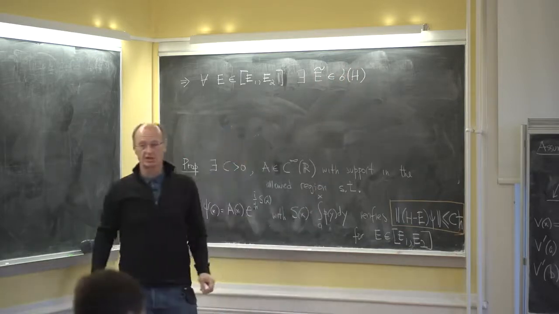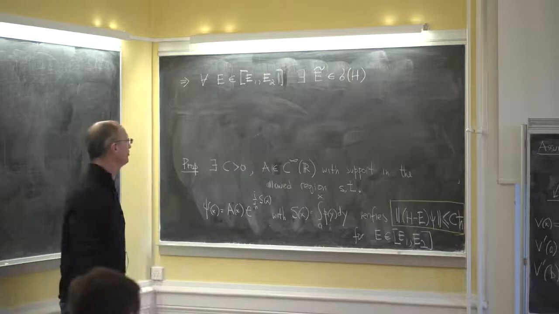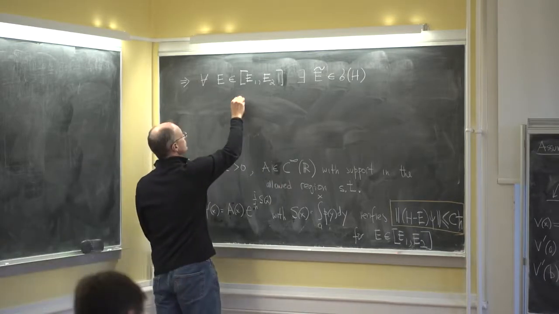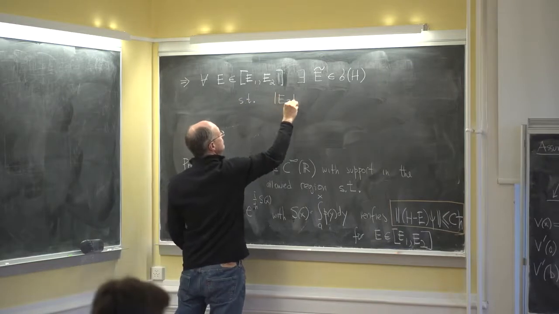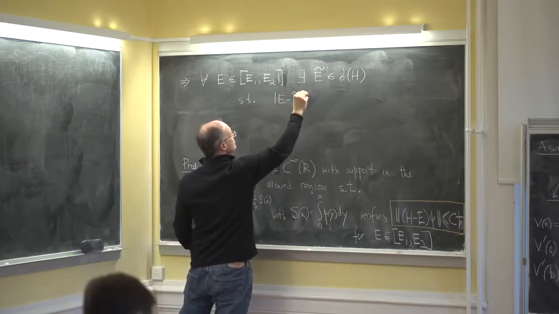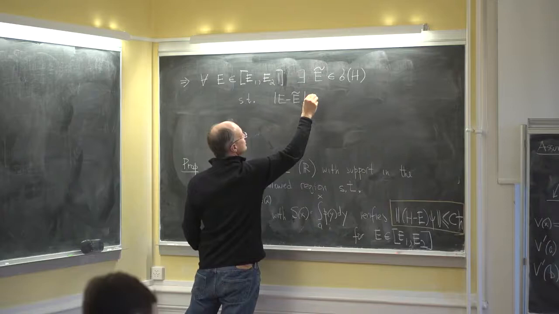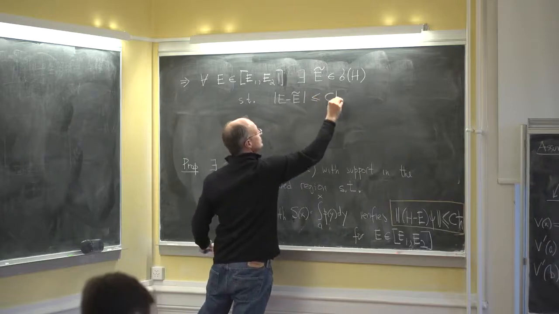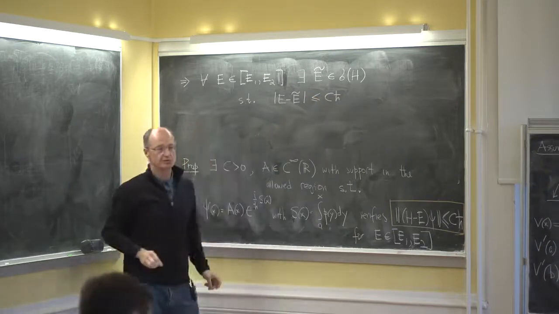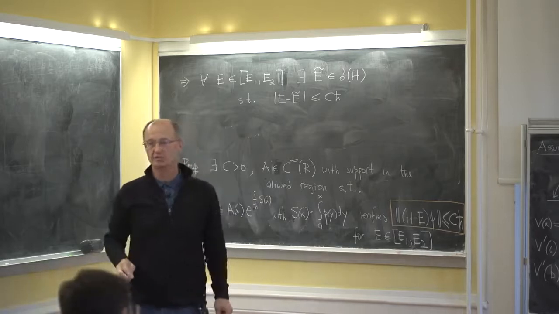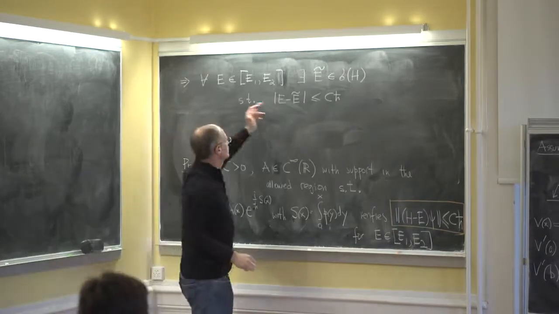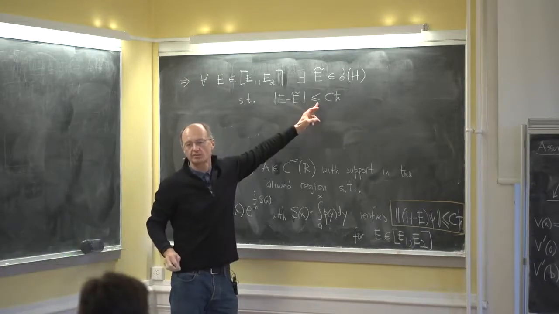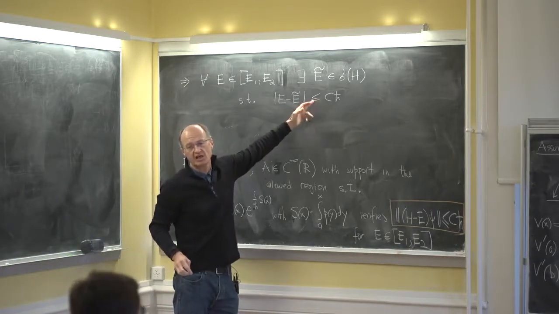There exists a point in the spectrum of H such that the difference between them is smaller than C times H. So why is that? Maybe I'll leave it as an exercise, right?